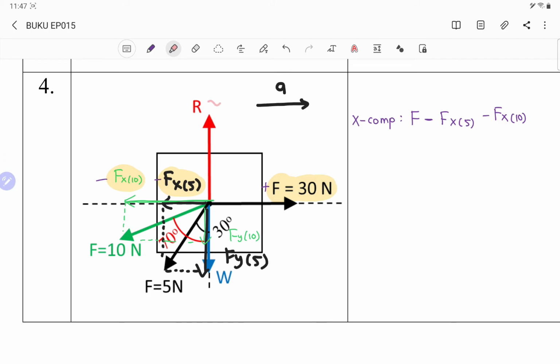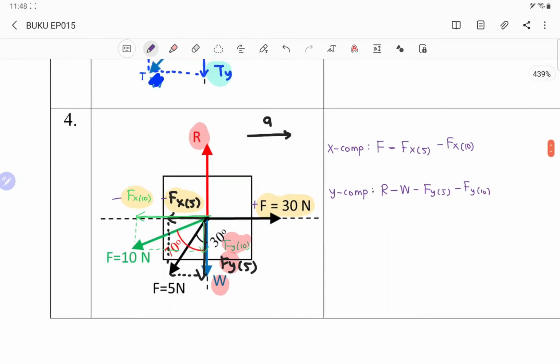Then vectors along Y, kita ada R, kita ada Fy, kita ada W and kita ada Fy untuk 10. So kita ada 4 term lah yang kita kena include dalam equation Y component. R positif ke atas, tolak dengan W, tolak dengan Fy 5, tolak dengan Fy 10. Okay, so this is the equation.